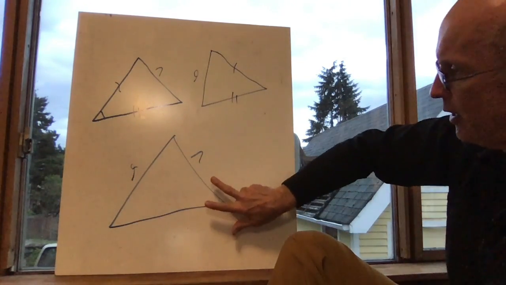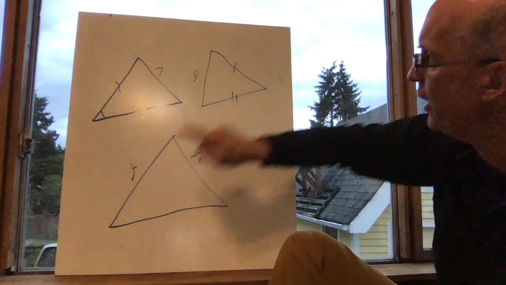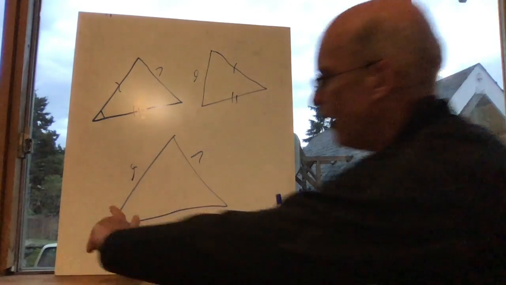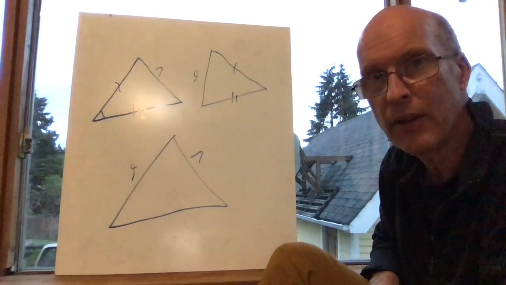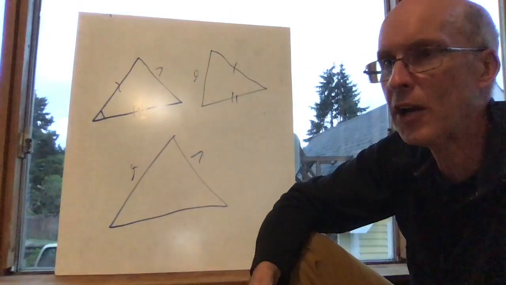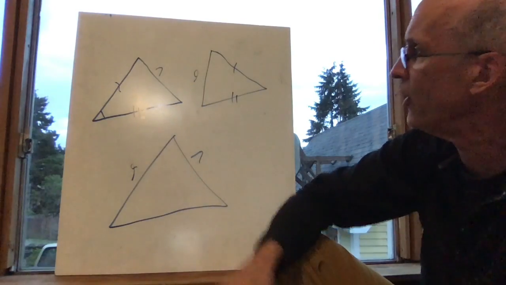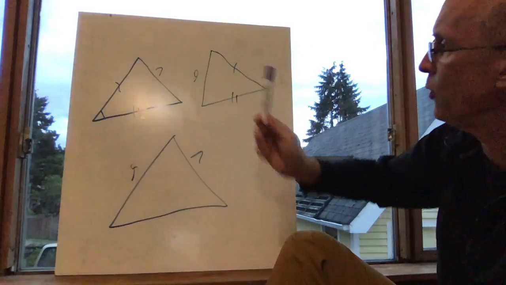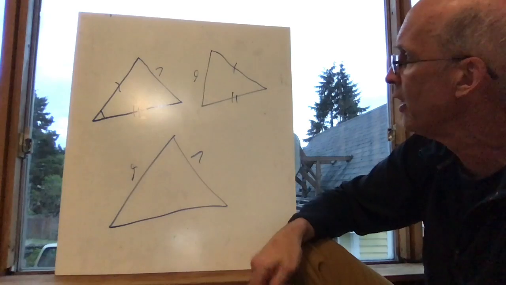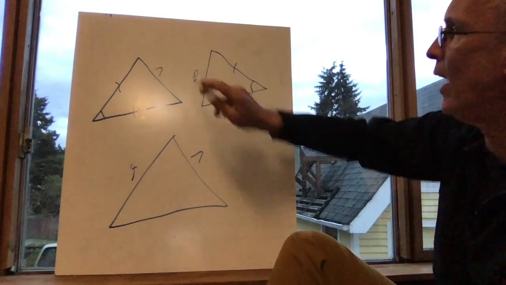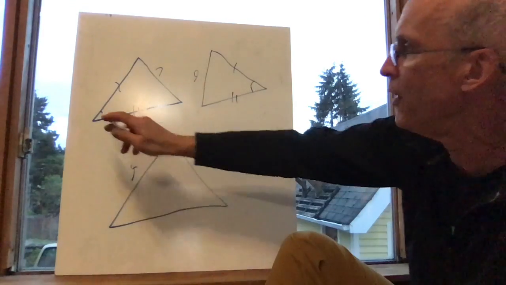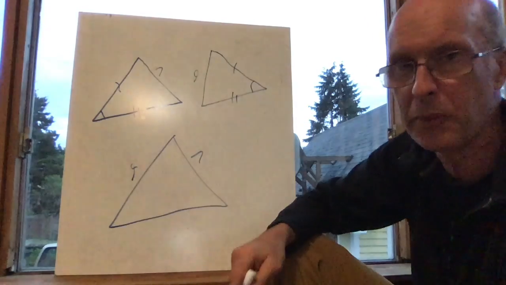So do you see this is related to that, and this one is related to that. So if we're talking about two triangles like this, it basically says if two sides are congruent to two sides of the other one, then if this angle is bigger, then that side will be bigger. If the other angle is smaller, then that side will be smaller.